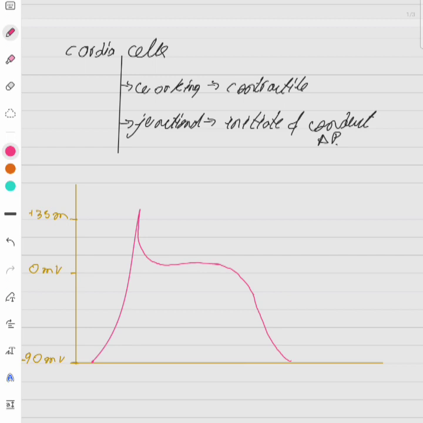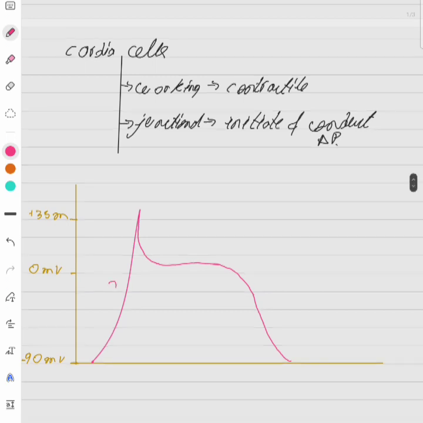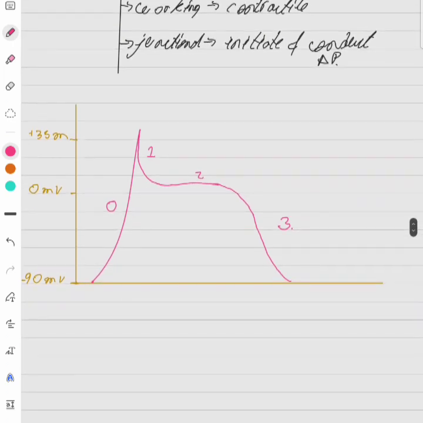For ease of study, this graph has been divided into following parts: 0, 1, 2, and 3. So let's learn about the significance of each of these.